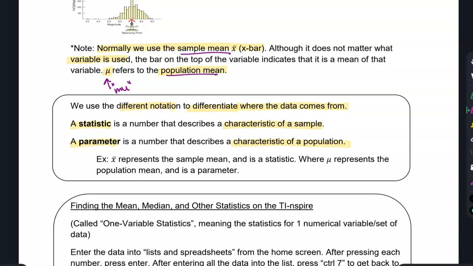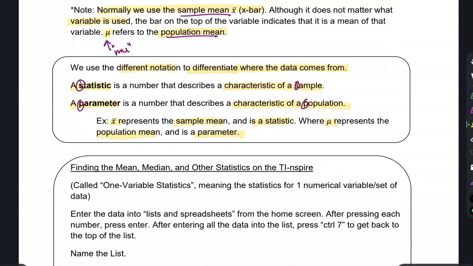So notice they both start with the same letter, S for statistic, S for sample, P for parameter, P for population. So that's an easy way to remember it. But we use different notation for that. So X bar represents sample mean. That's a statistic. Mu represents population mean, and that is a parameter. So they are subtle differences, but they are extremely important. Especially when we get to second semester stuff, there is a huge difference between X bar and mu. And we'll get to those later, like I mentioned.